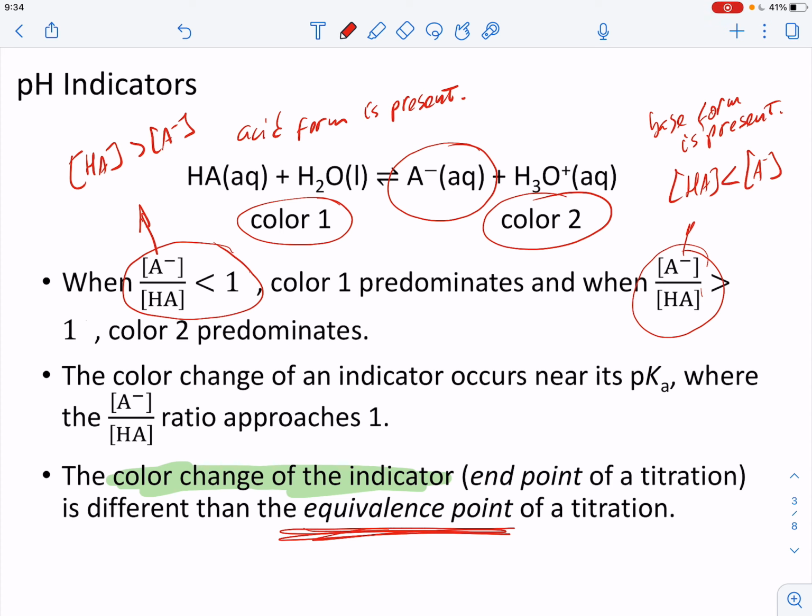The indicator is going to help you, but the accuracy of this indicator in predicting what the equivalence point is also going to be limited. Okay, so if the change would occur exactly at the equivalence point, it would be wonderful, but that would mean that you need a special indicator for each case, and that is actually very hard to achieve.